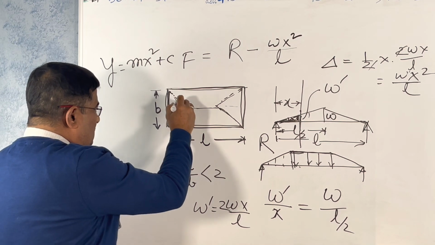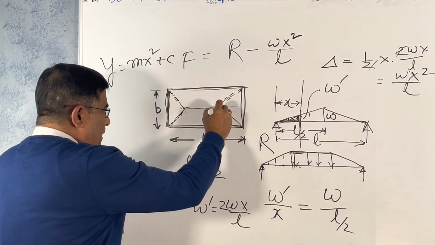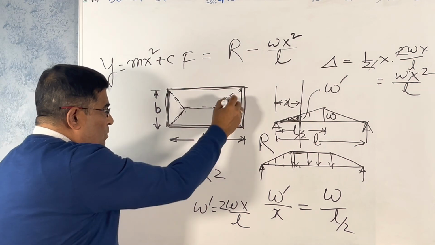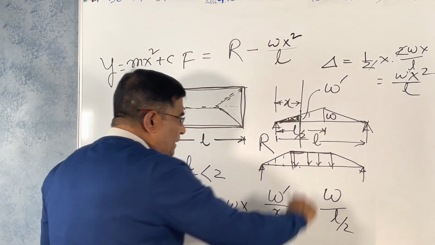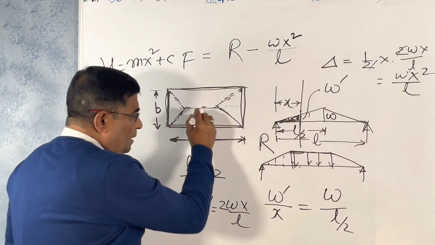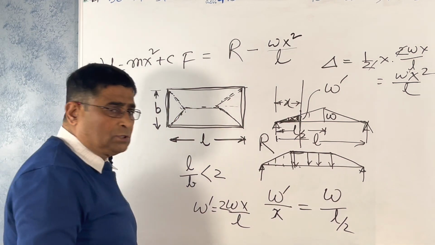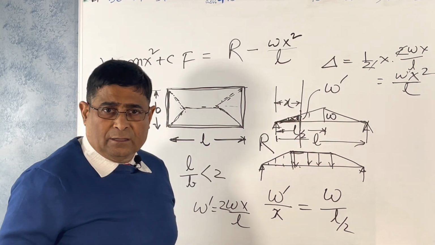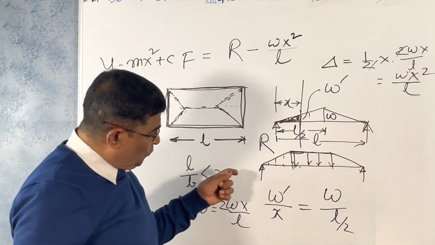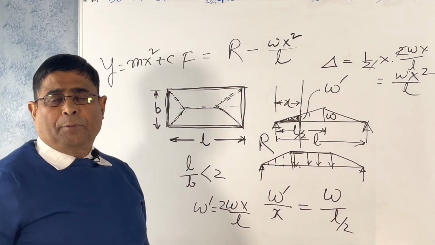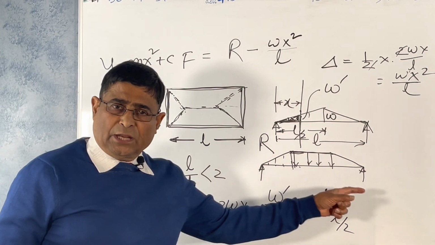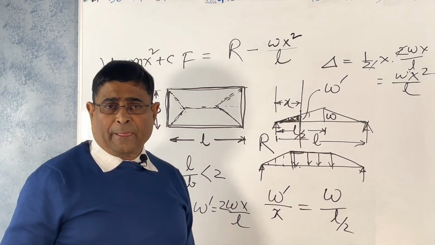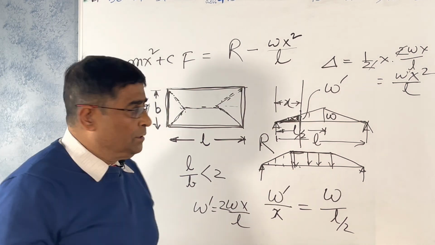Here the tributary area is triangular, and this part is trapezoidal. First we will find the bending moment and shear force diagram for the triangular part. Then we will find the values for the trapezoidal load. And that is the end of our lecture.